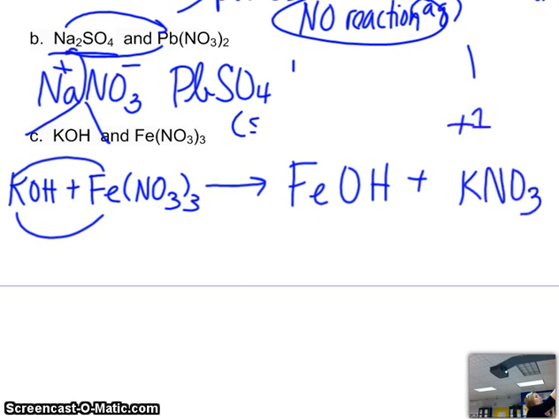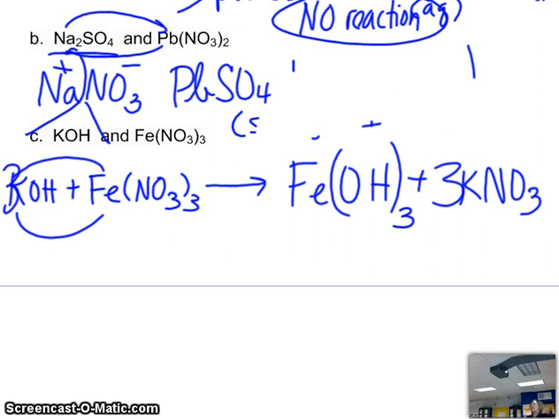K is +1, NO3 is -1, those equal 0, so you don't have to crisscross. OH is -1. Fe in this mixture, since it took 3 nitrates to make a neutral compound with our Fe, that means our Fe must be +3. Those do not equal 0, you crisscross. Okay? And then you balance your equation here. And I think here. And then we're balanced.